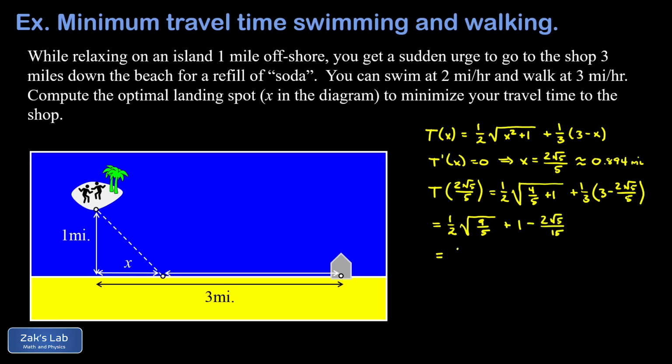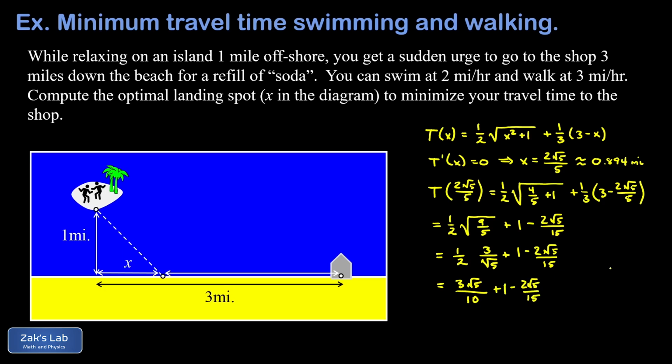And we continue to simplify here. When I take the square root of this numerator, I get a 3. I have 1/2 times 3 over root 5 plus 1 minus 2 root 5 over 15. And rationalizing that first piece, I get 3 root 5 over 2 times 5, which is 10. And then we have a plus 1 and a minus 2 root 5 over 15.